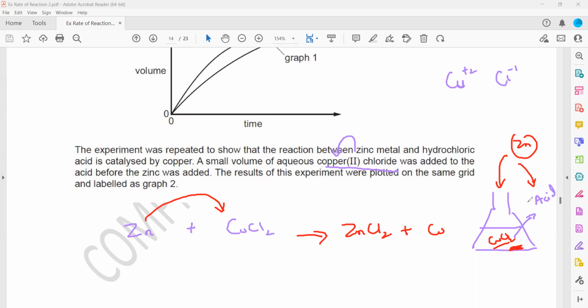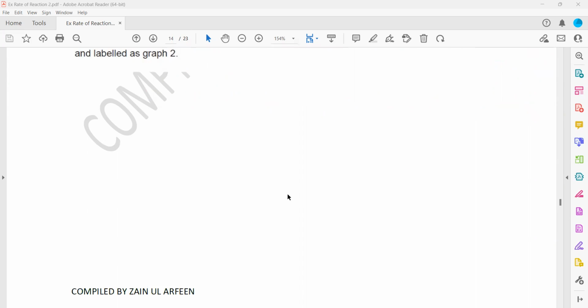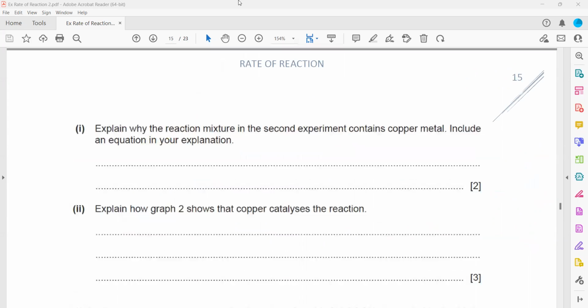Like we were having a mixture of acid and copper chloride. So in a conical flask, there is an acid here and there is copper chloride, a salt. But there is no reaction between acid and copper chloride.